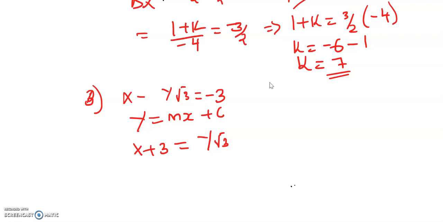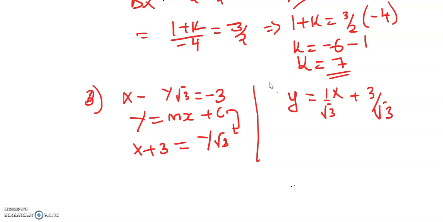So we can now express it in terms of this. Divide both sides, everything by root 3. So we shall get y is equal to 1 over root 3 x plus 3 over root 3.